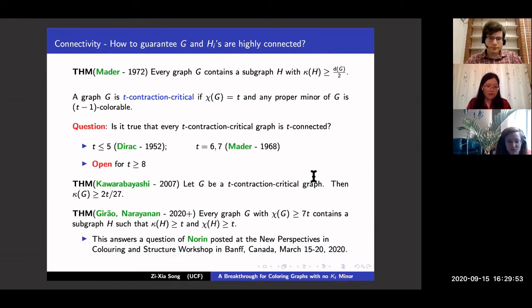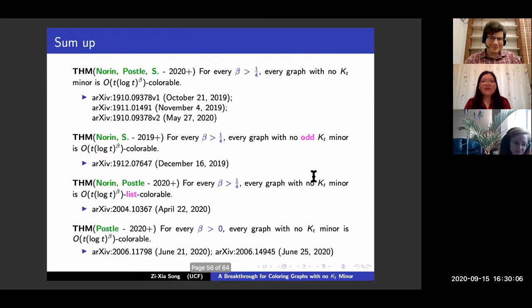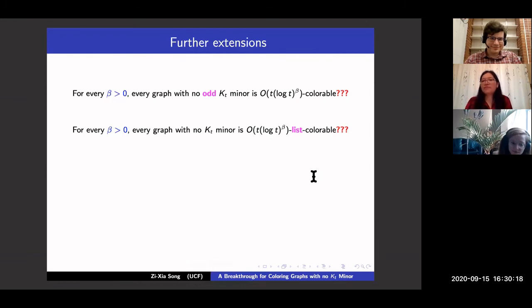Now for this, you might be wondering what can be done next. As I said, I deleted many proofs. I don't want to bore you with the details because Luke is going to give you a better one. So to sum up, this is what we had so far. And from Luke's talk yesterday, I knew these are still open.